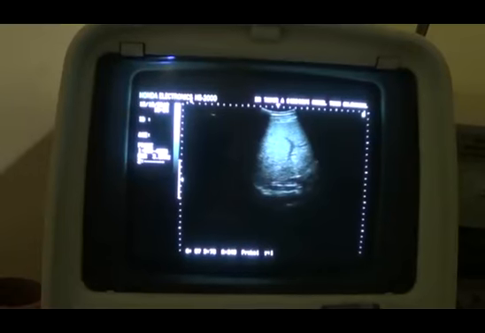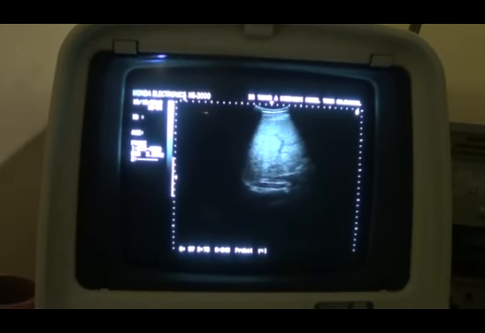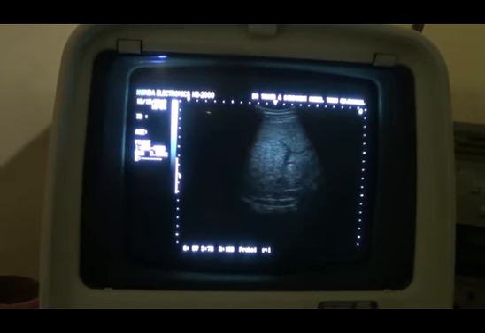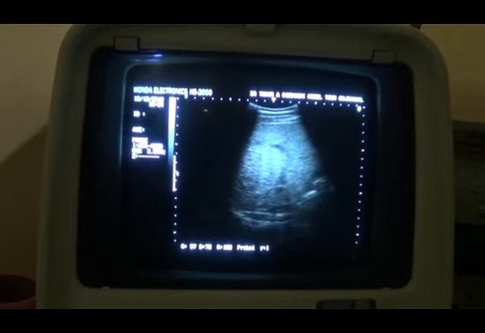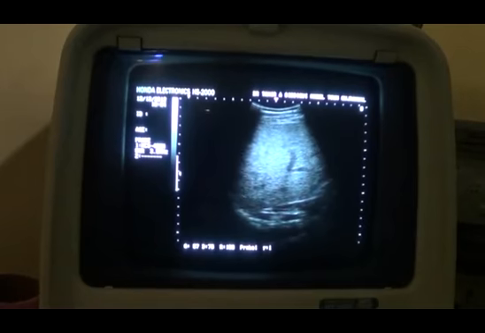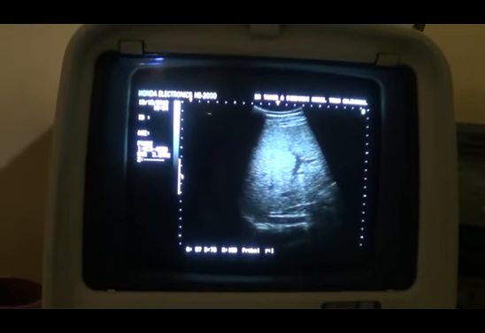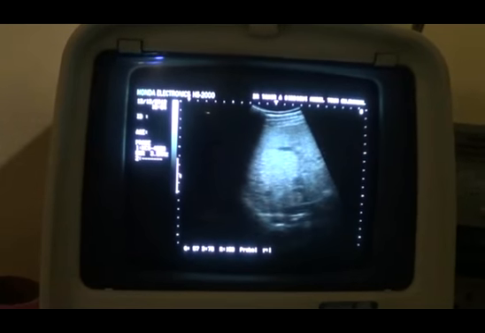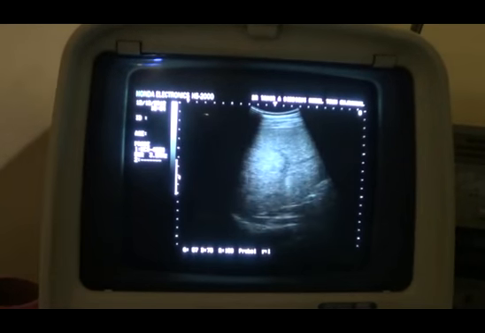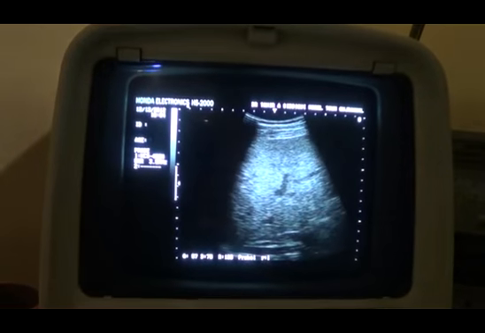Now this is a liver in front of you. We will study in a few segments the parenchyma of the liver. What can be said about the parenchyma of this patient's liver?